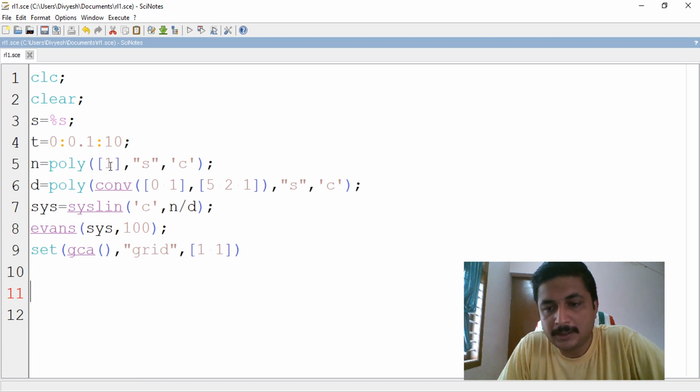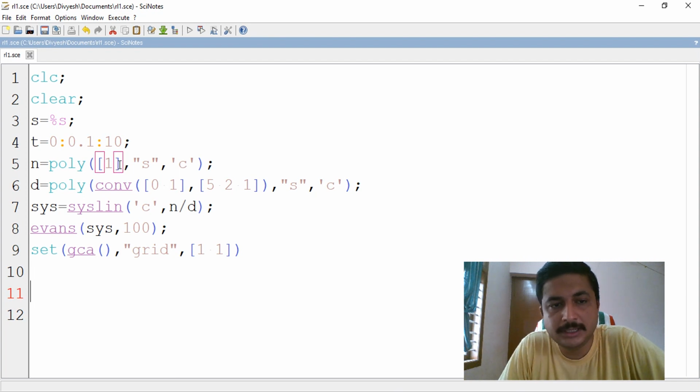So K, when you theoretically calculate whether there is any intersection of root locus on the imaginary axis, we find that there is an intersection, and the value of K for that particular intersection is found to be K equal to 10, which tells us that the system will be stable for any value K less than 10.